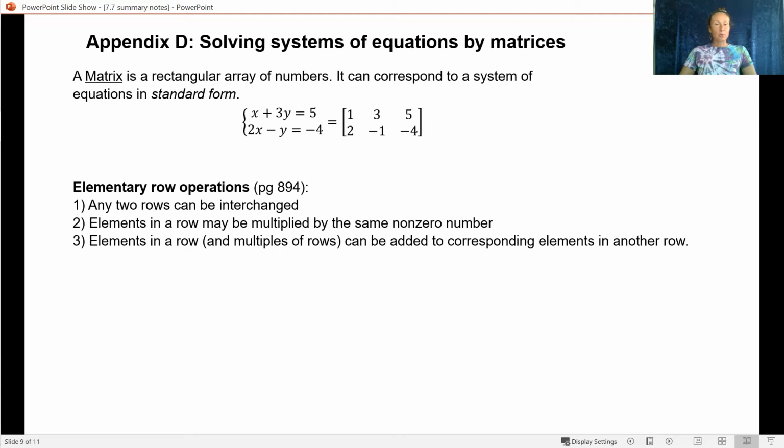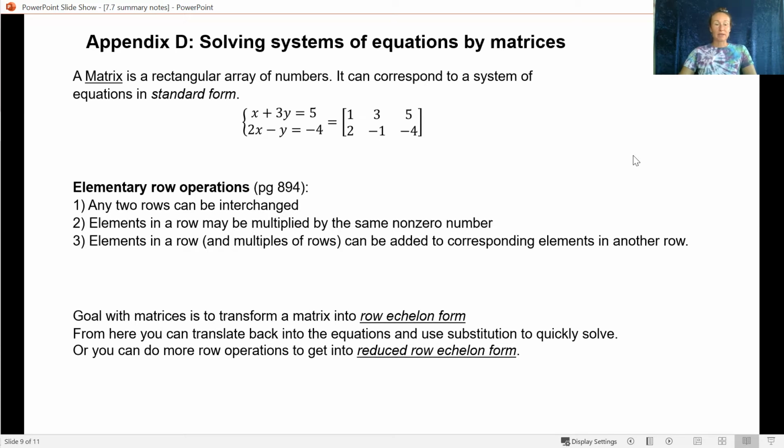So that's where we would multiply both sides of an equation by some constant term, okay? Elements in a row and multiples of rows can be added to corresponding elements in another row. So this is basically where we add one equation to another. The difference here when we have our matrices is that we're actually going to add the two rows or 2 equations together, and we're going to replace one of those rows with that new information. Okay.